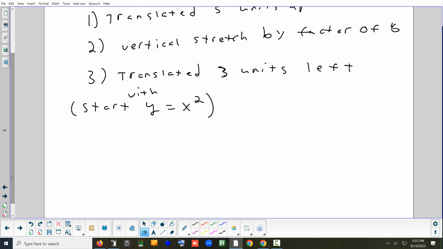If you want to translate a parabola 3 units left, do you remember how you do that? It would be the x value. Okay, so you've got to do something to the x value. What would the equation look like if it was just a translation 3 units left and it didn't have anything else? X minus 3.